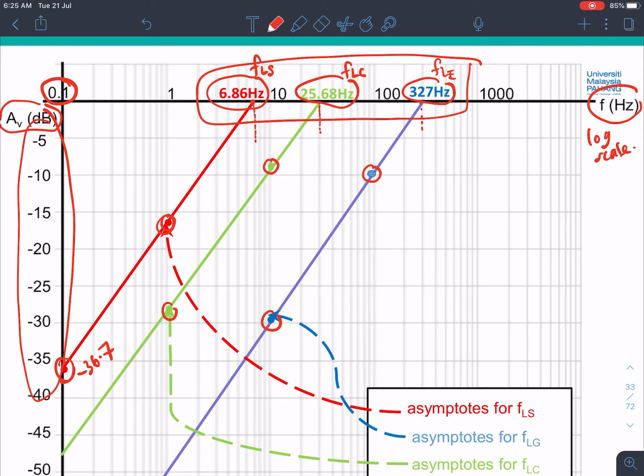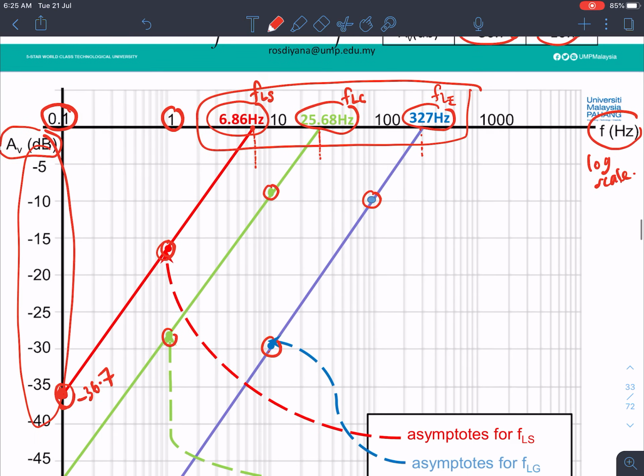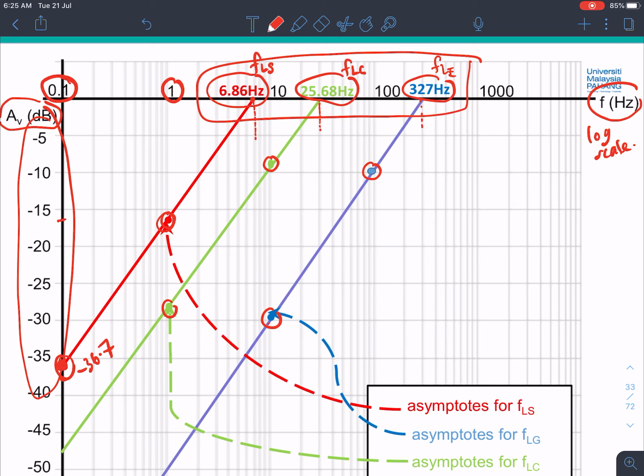So the point is here. Then for point number 2, when the frequency is 1, the gain is negative 16.7. So negative 16.7 is here. This is point number 2.